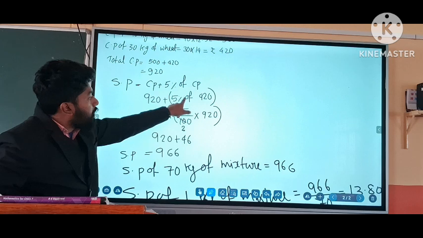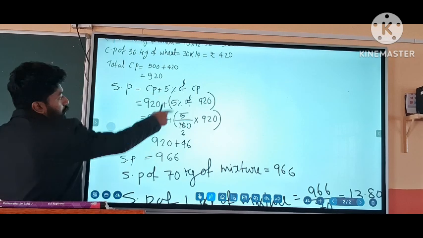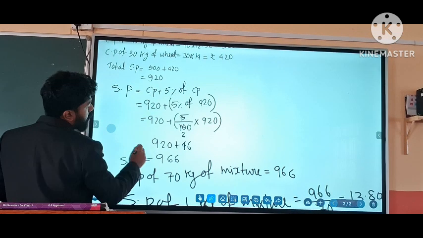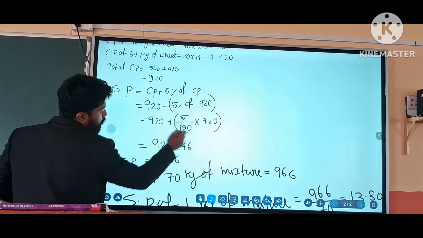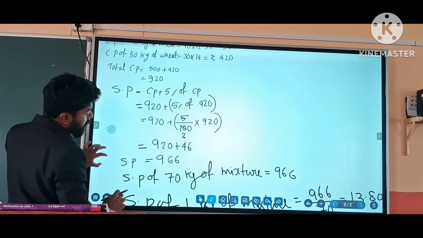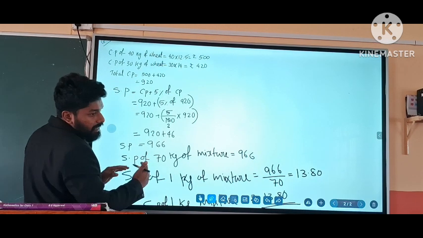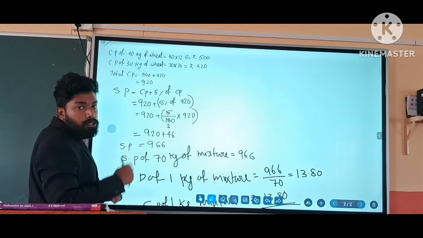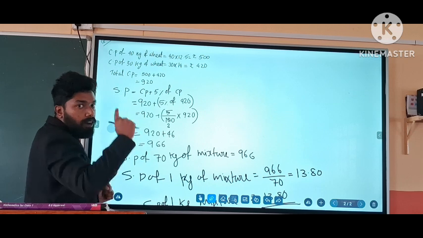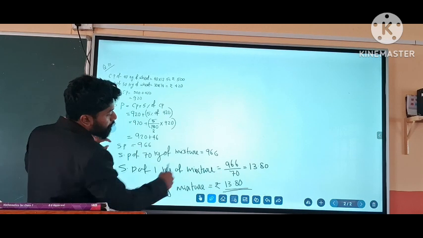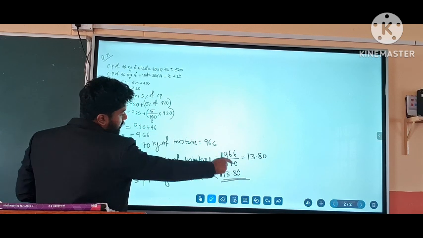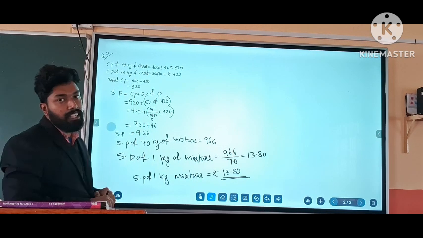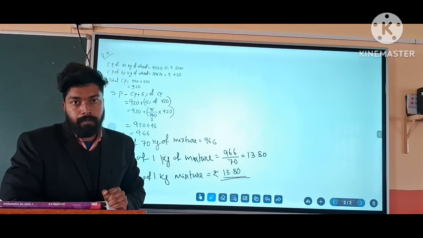In this case, he is making 5% gain, so selling price is equal to 920 plus 5% of 920, that is equal to 966. 966 is the selling price of the whole transaction. So to find the selling price of 1 kg of the mixture of wheat, that is equal to 966 upon 70, that is equal to 13.80. Is it clear? Okay.